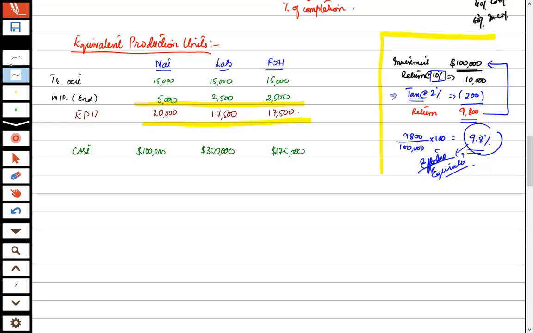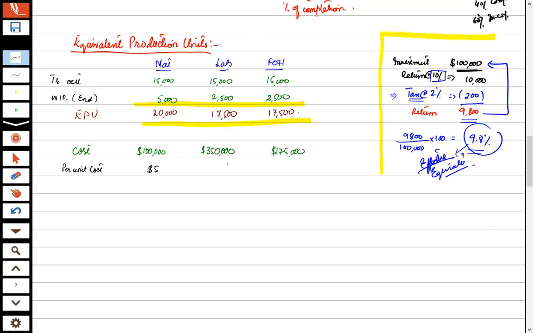Okay. Now can we calculate per unit cost on the basis of EPU? What would it be? Can you calculate it? Okay, so 100,000 divided by 20,000. Answer: $5.